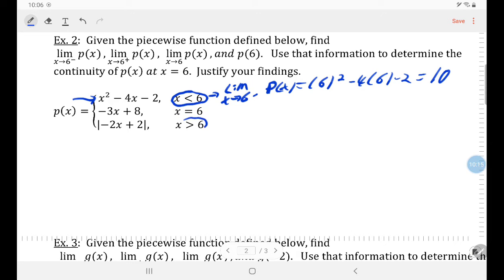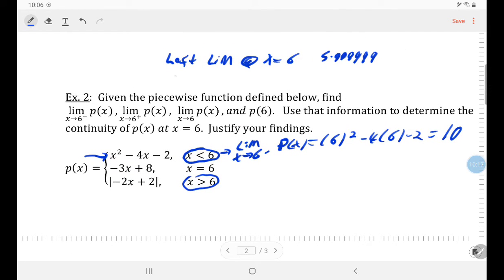So good enough. Let me go ahead and do this number. Now again, if I'm looking for a limit on the right at x equals 6, I'm looking for something slightly bigger but yet close to 6, like 6.0000 whatever, 1. So I'm looking for numbers bigger than 6, which is where this third piece comes into play.